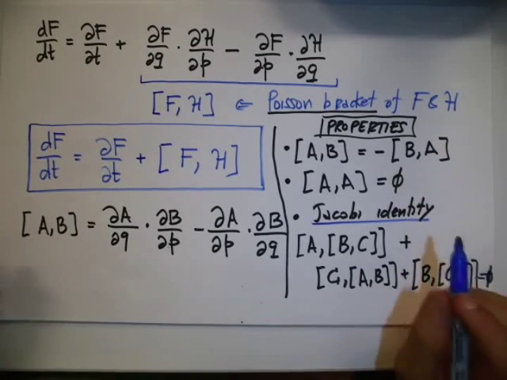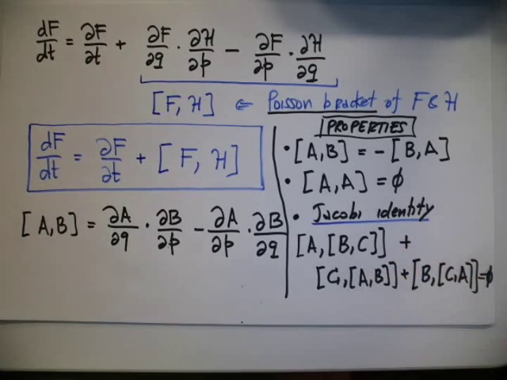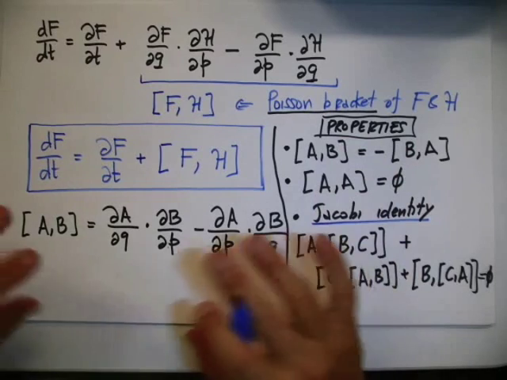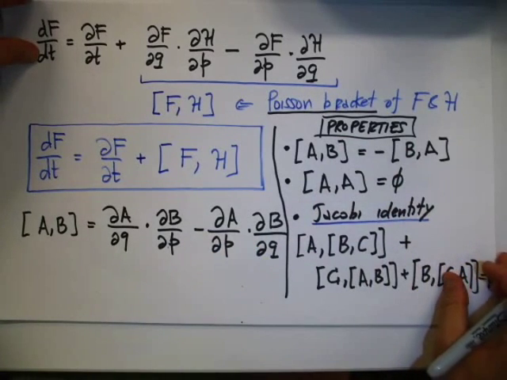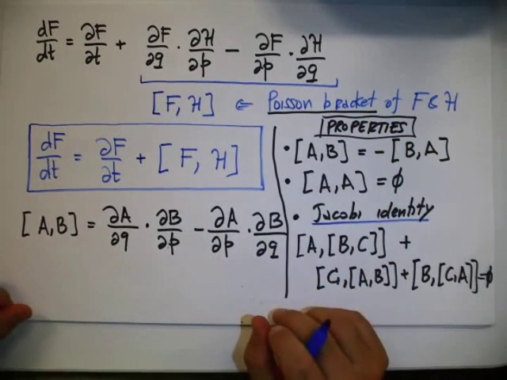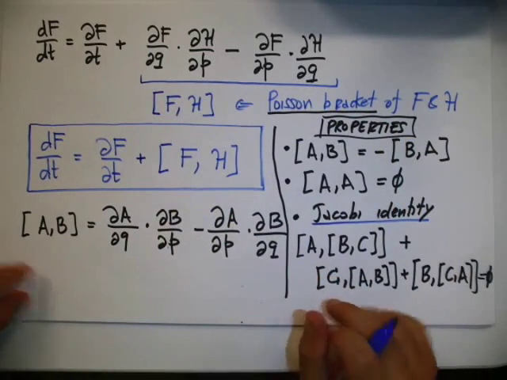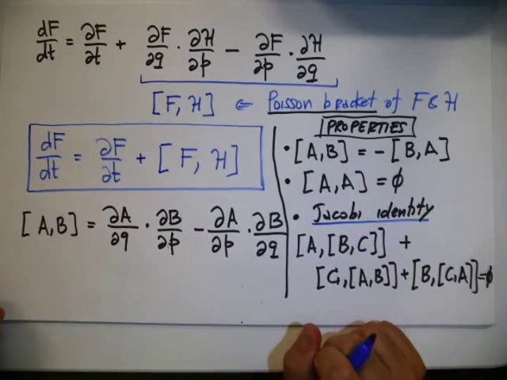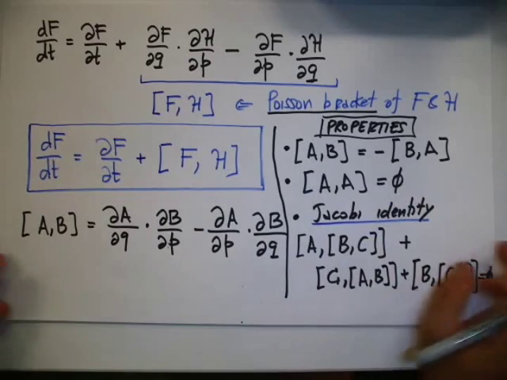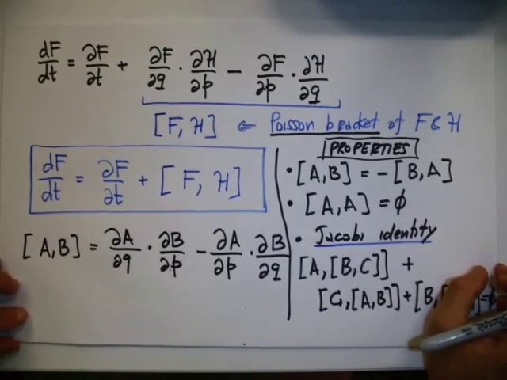Once you have a good bracket, now you have total control on the problem, and you can derive any dynamics. Even from this relation and the knowledge of the Poisson bracket and the Hamiltonian, I can derive any. I can even derive the dynamics of P and Q, my original variables.